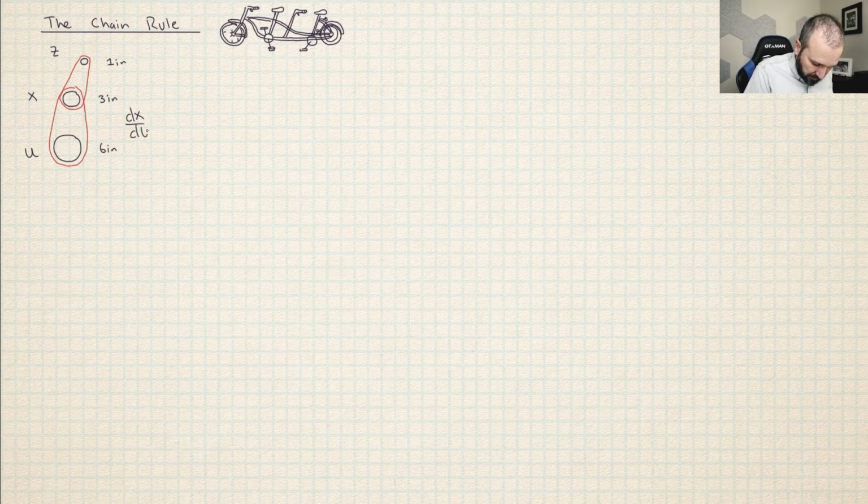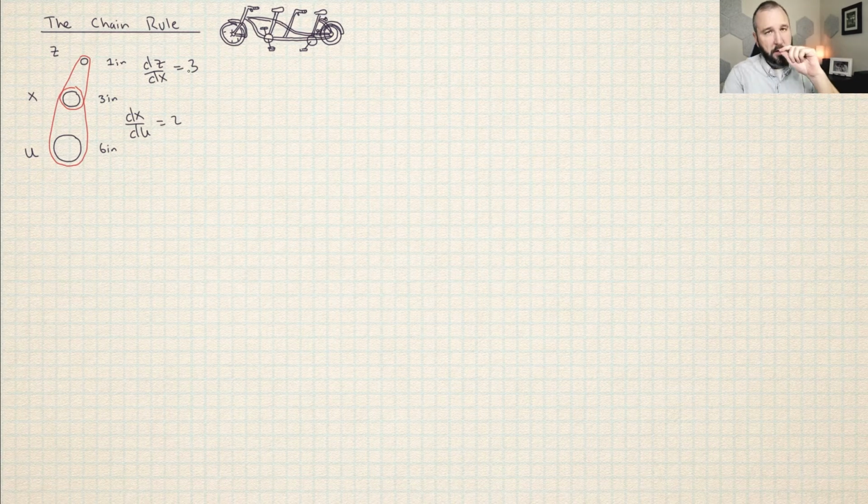dx/du equals 2. And then since this gear ratio at the top is 3-to-1, this means dz/dx is equal to 3. If you look at this picture, you can see how many revolutions in Z will happen if I make one revolution around U. Can you see?